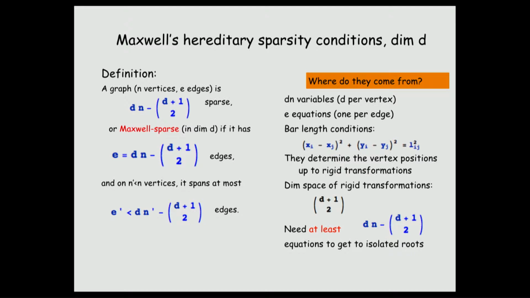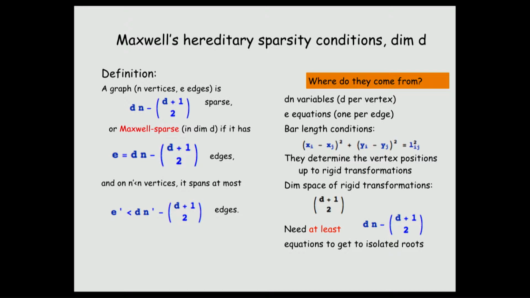And where do they come from? They come from the system of equations that we have just seen. So the bar length conditions: there are dn variables, d being the dimension, per vertex. These are the equations, these are the bar conditions. And they determine the vertex positions up to rigid transformation. So the dimension of the space of rigid transformations is this. So we need at least that many equations to get isolated roots.